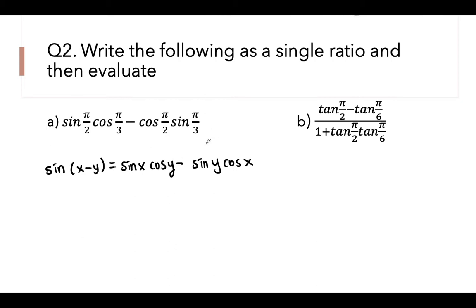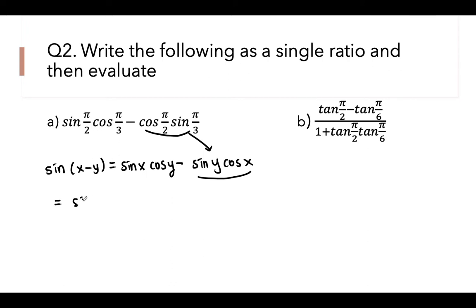Now, you will notice that I started with sine y cosine x, but this could be interchanged because it's multiplication. So I could write it as cosine x and sine y, as long as the angles are consistent. So therefore, I can replace this.